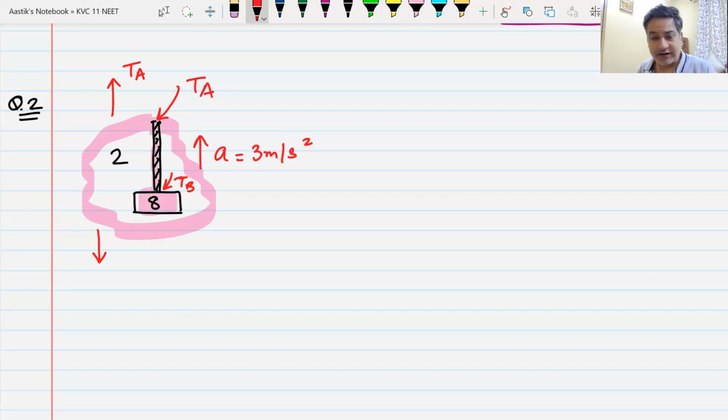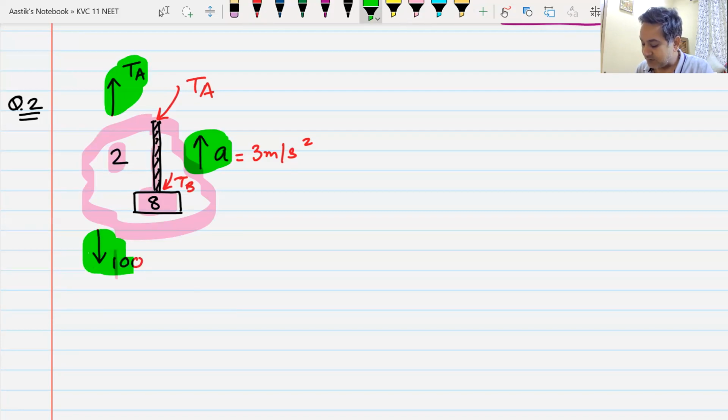What is the weight? 8 plus 2, 10 kg multiplied by g, so it becomes 100 newtons. Acceleration is upwards, tension is upwards, 100 is downwards.